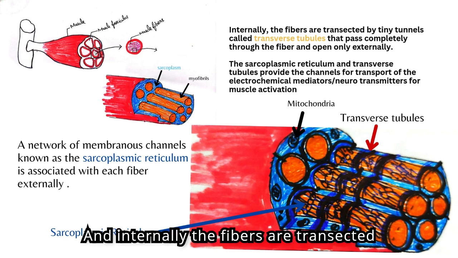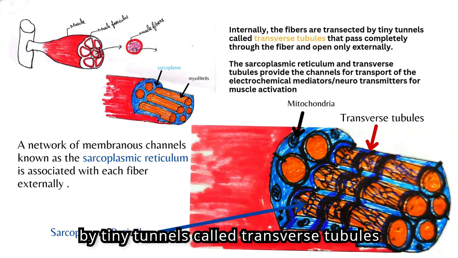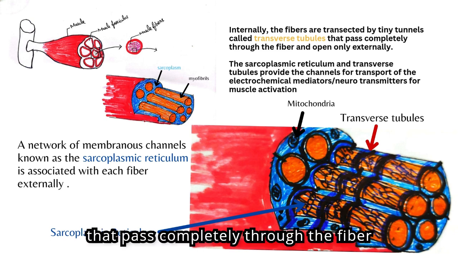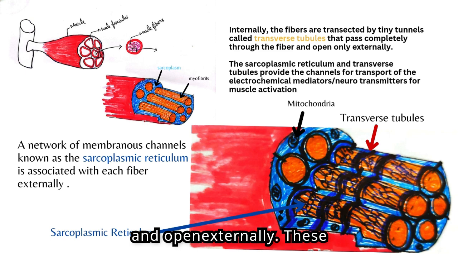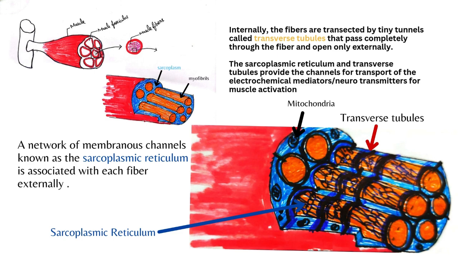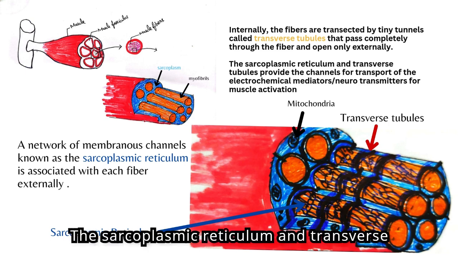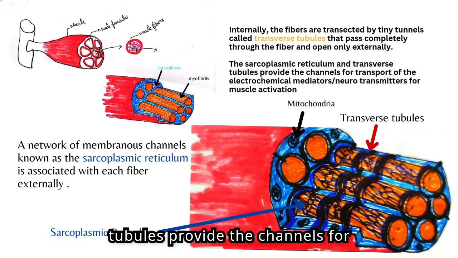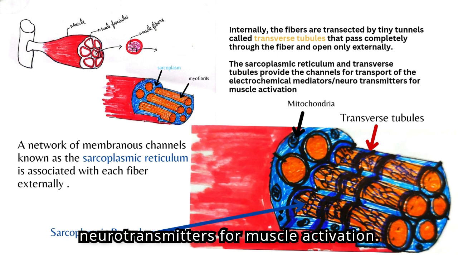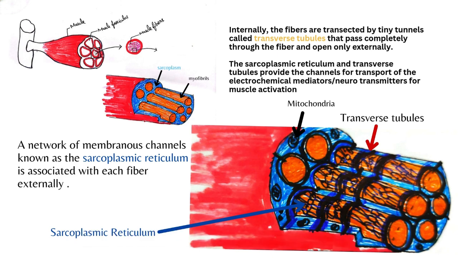And internally, the fibers are transected by tiny tunnels called transverse tubules that pass completely through the fiber and open externally. These are basically the invaginations of the sarcolemma or cell membrane of the muscle fiber. The sarcoplasmic reticulum and transverse tubules provide the channels for transport of electrochemical mediators or neurotransmitters for muscle activation.